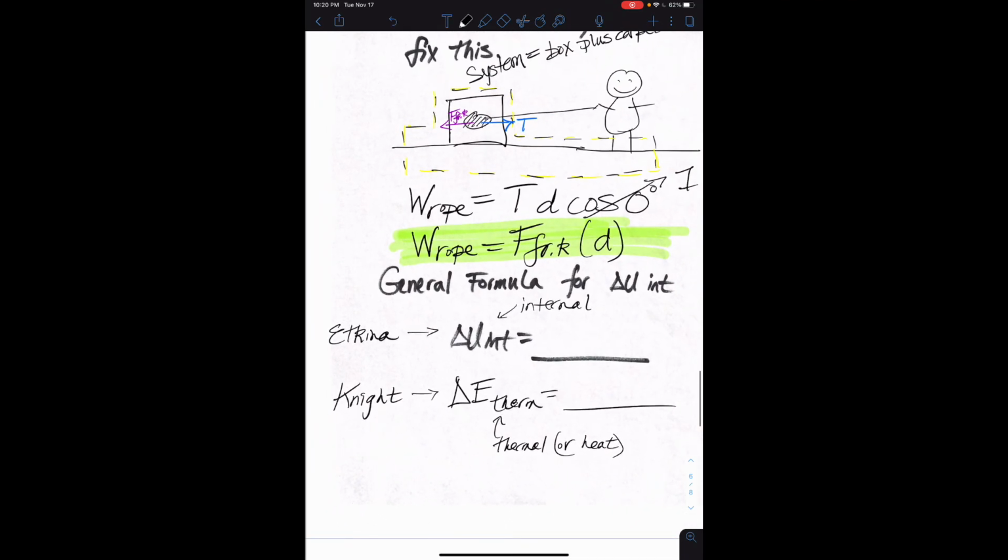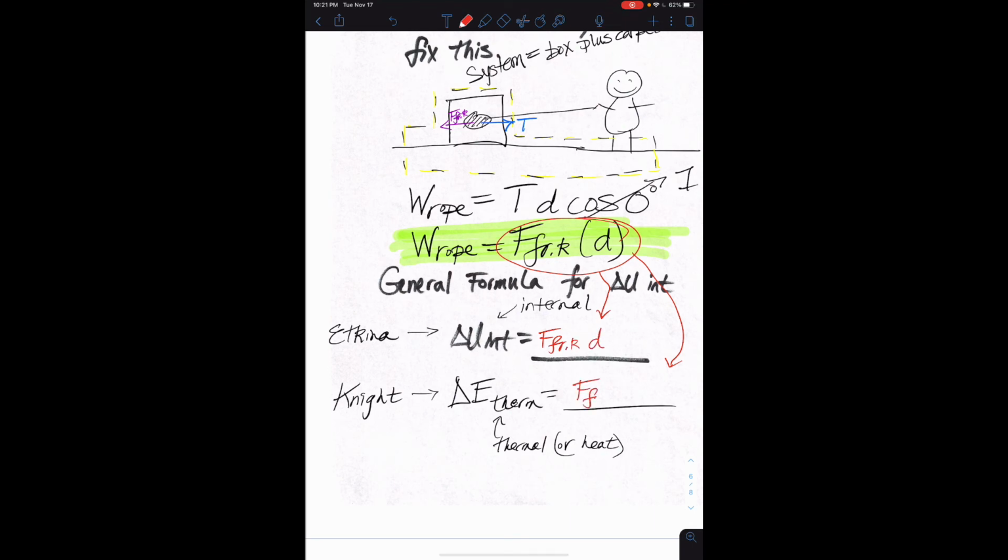But when we write these on the final side, delta U internal or delta E thermal, what we're going to write for what they equal is this right here. And the point of this whole example problem is to prove where this force, friction times distance comes from.